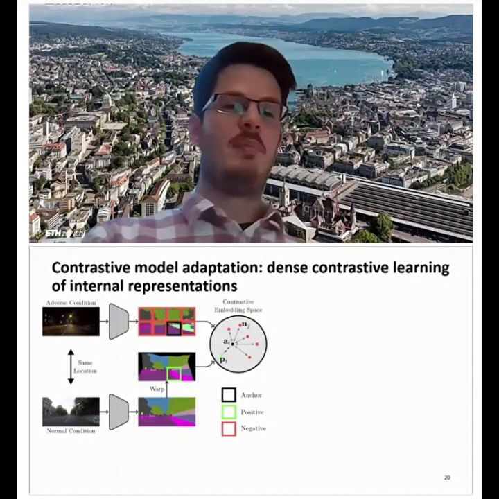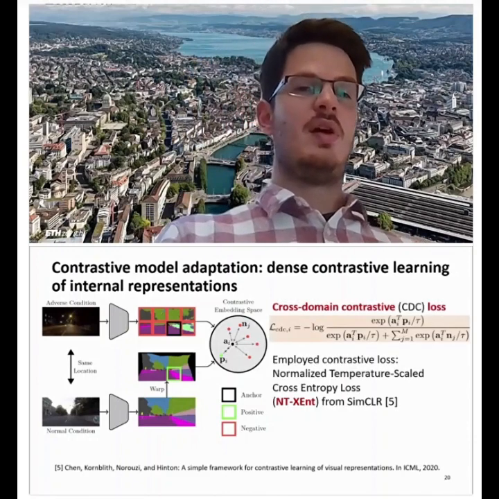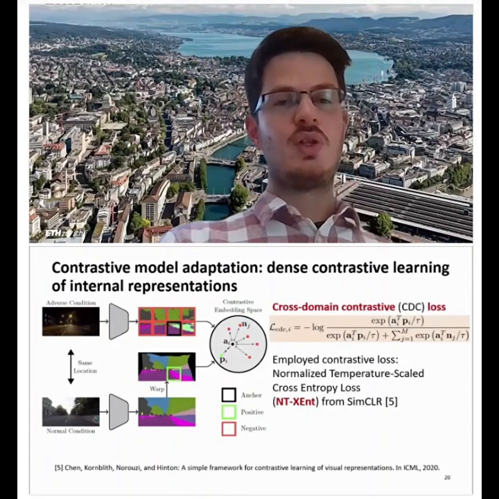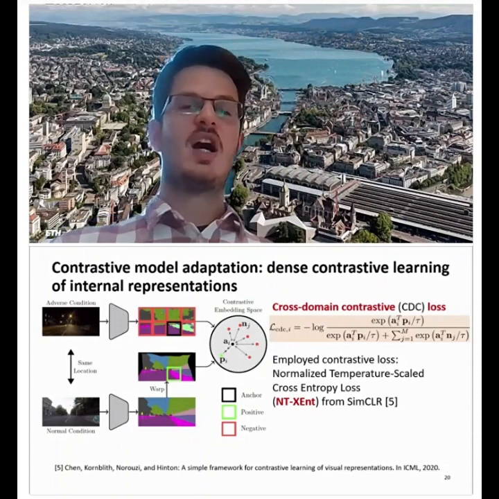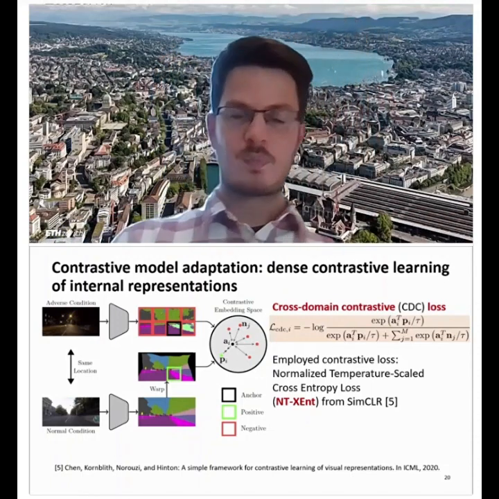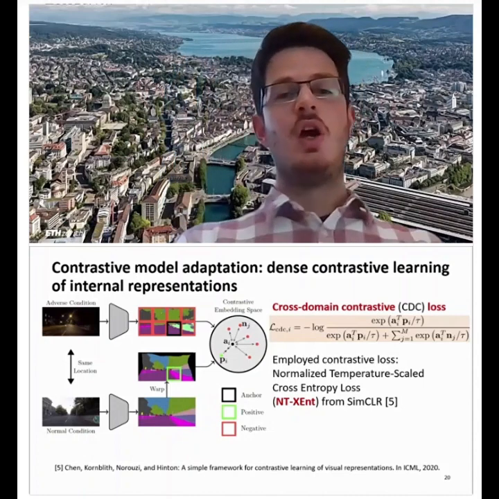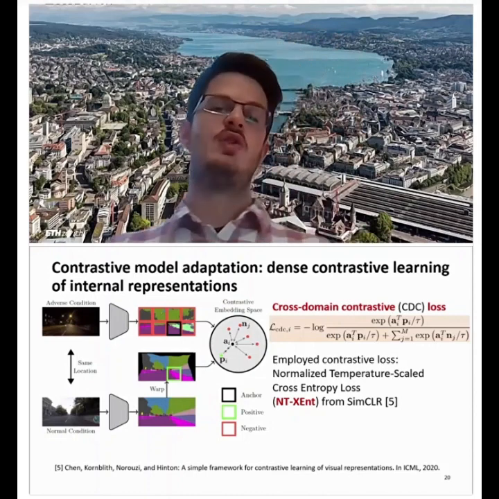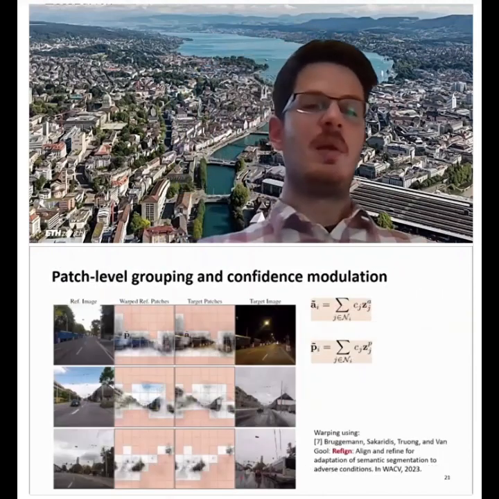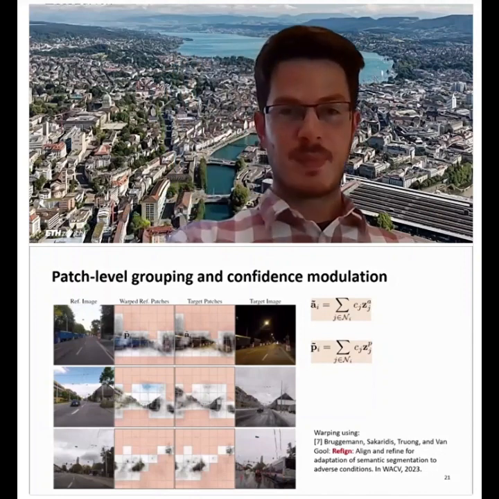And the patch that corresponds to the anchor in the reference image from the normal condition is the positive. And this is how we formulate our novel cross-domain contrastive loss, which is basically an instantiation of the very widely used normalized temperature-scaled cross-entropy loss from the SimCLR paper by Hinton et al.